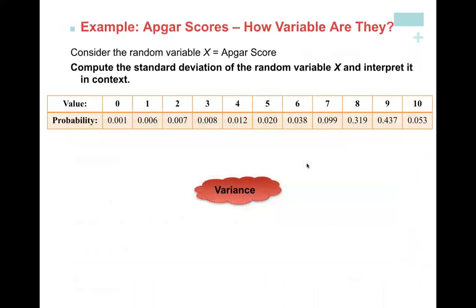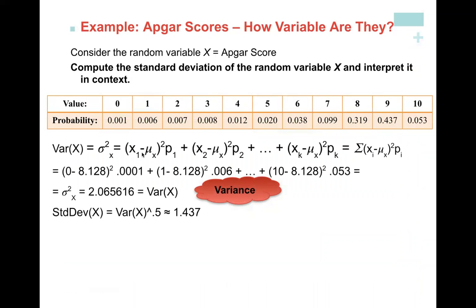You just take the square root of it, and so let's go ahead and do that for this particular problem. So we just take each value, 0 minus the mean, square it, and then multiply it by the weight or the probability. Do that for each one of these 11 values. And then what do you get? You get the variance.